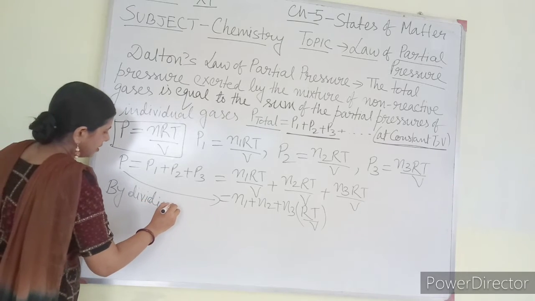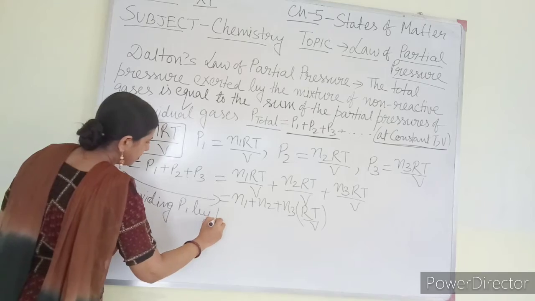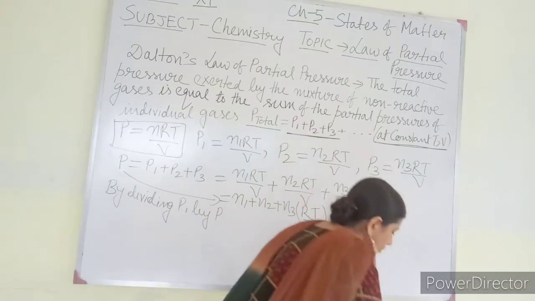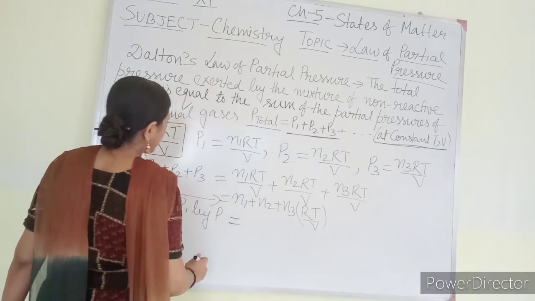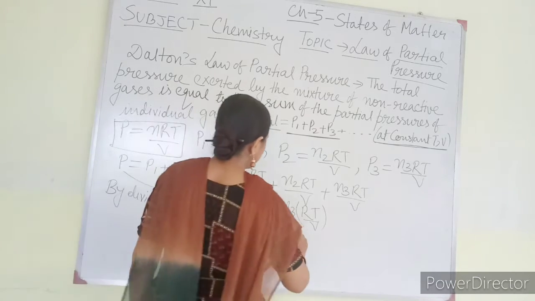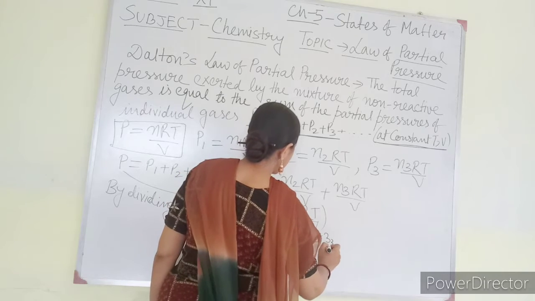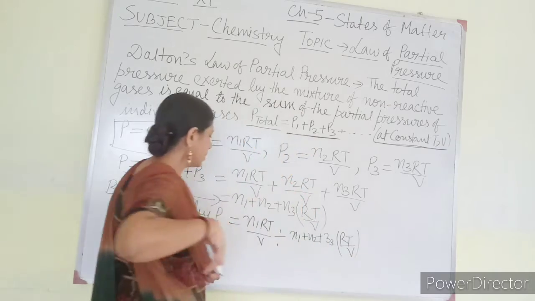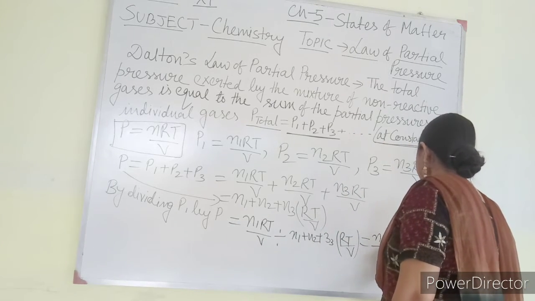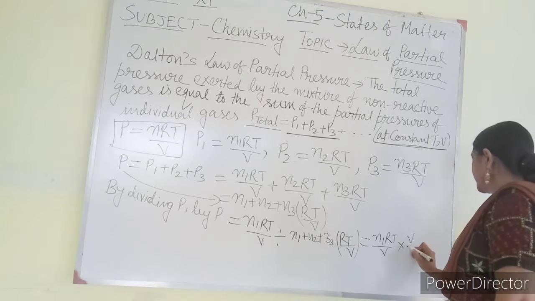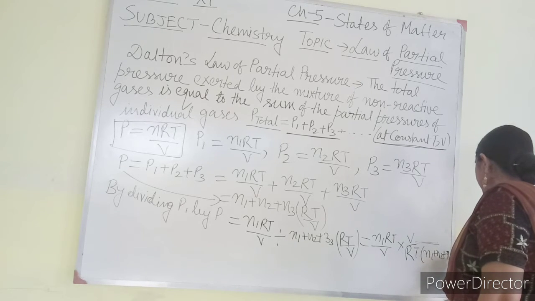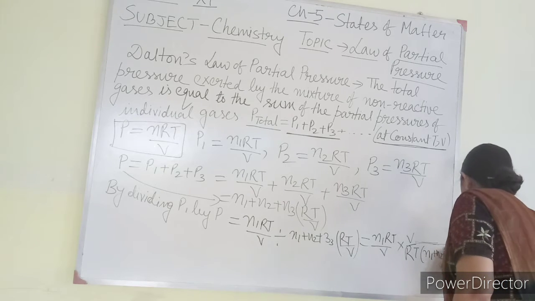P1 was N1RT by V, divided by N1 plus N2 plus N3 times RT by V. If I change it, I get N1RT by V into V by RT, by N1 plus N2 plus N3.